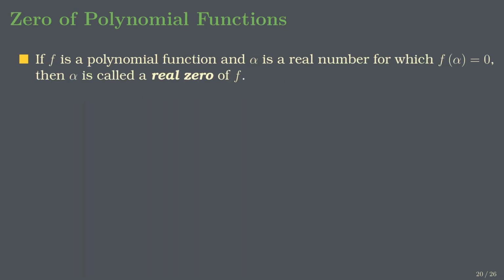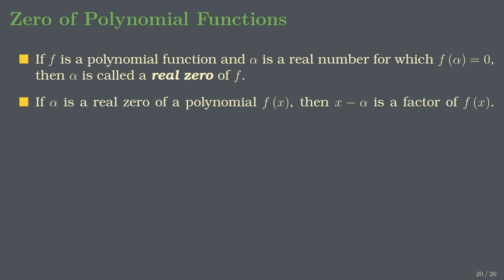Now we talk about very important notions regarding polynomial functions. That is, we are going to talk about zeros of polynomial functions. We say that a real number alpha is a zero of a polynomial function f if whenever we evaluate f at alpha, we get 0.